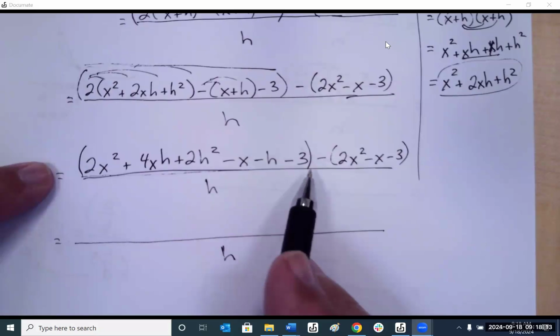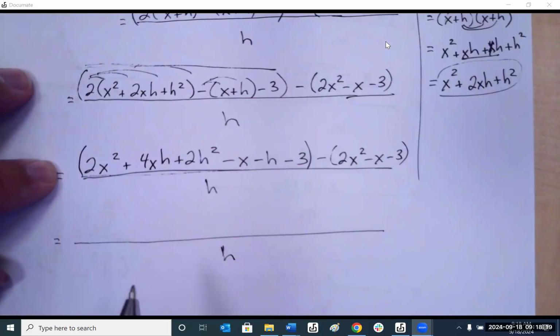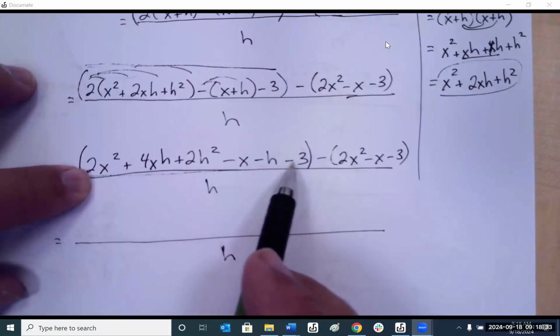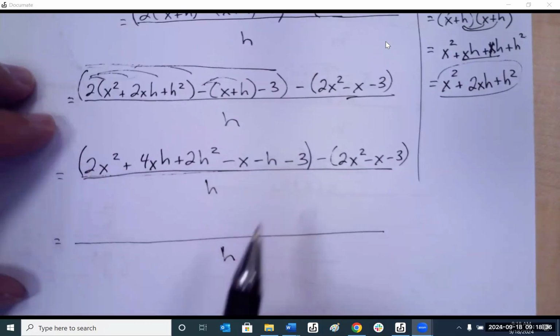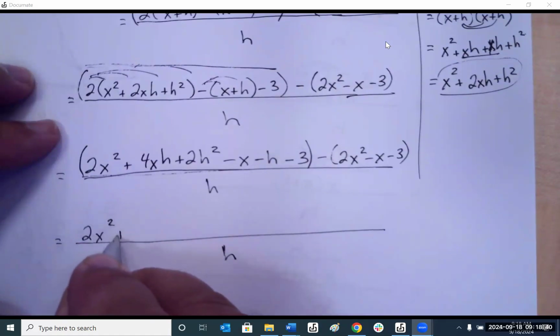Do we need the first parenthesis? No, because there's nothing in front. Or can we combine any like terms? Are there any x squares in the first one? No. So we can't combine anything, so we can drop the parenthesis.